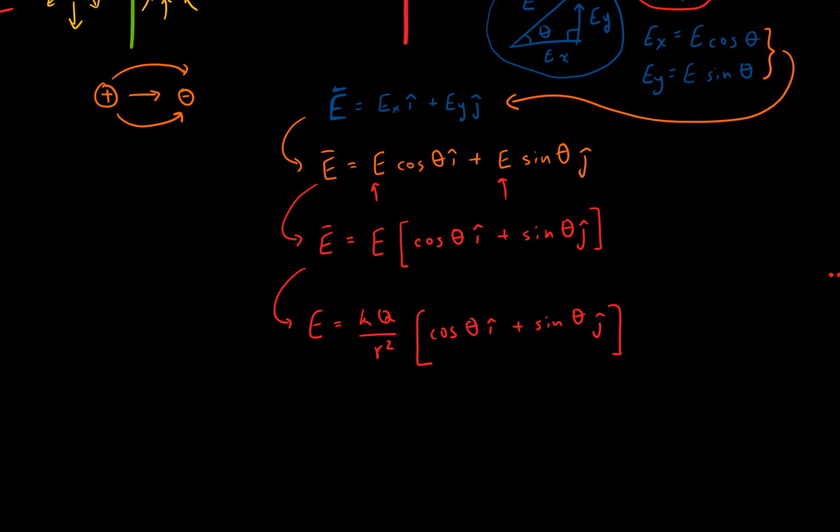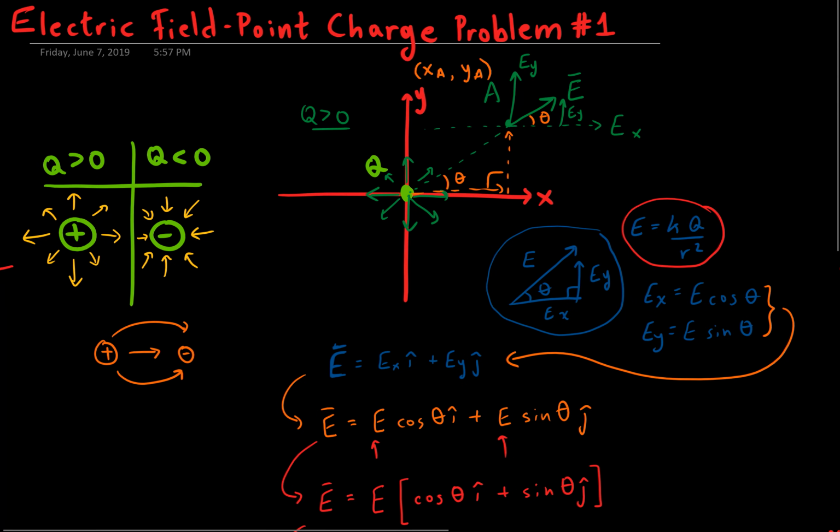Okay, there's a problem here. What is r? Recollect that r is the distance between the charge and the point in space we're interested in. So let's go back to our diagram over here. We notice that if we know what the coordinates are for point A, and we know that the point charge is located at the origin, and that the distance between them can be determined using the distance formula, or in this case, by looking at this triangle over here, we can use the Pythagorean theorem.